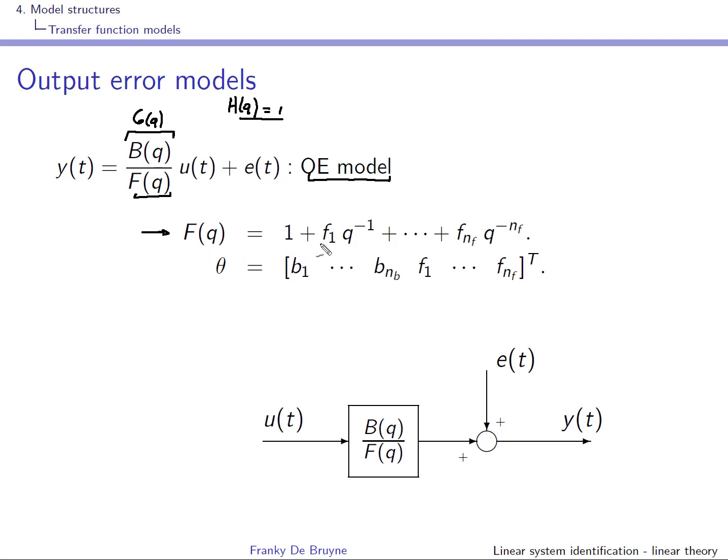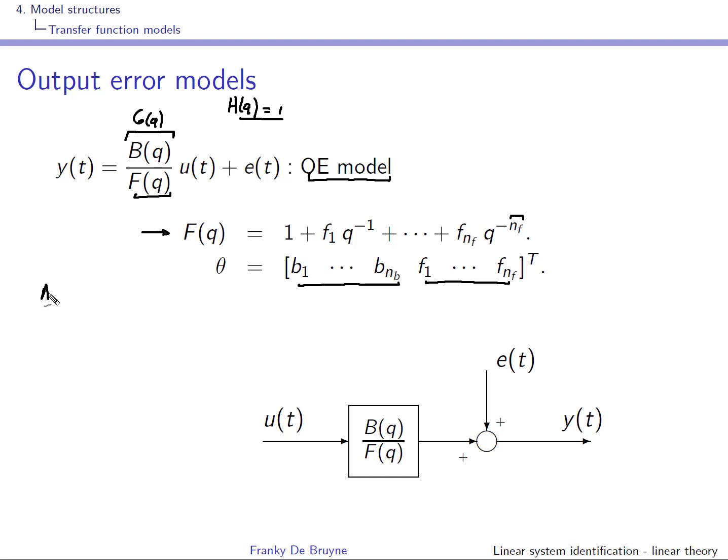It's also a monic polynomial, and it is of degree nf, right? So the parameters are again stacked in a column vector. We follow the alphabetical order, so we put first the B parameters and then we put the F parameters. So this is a representation of how y is generated. Okay, u goes through the transfer function, and at the output we add noise.